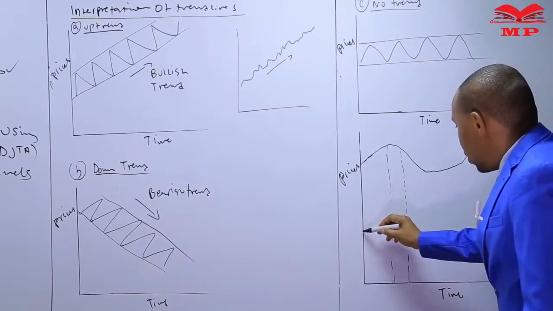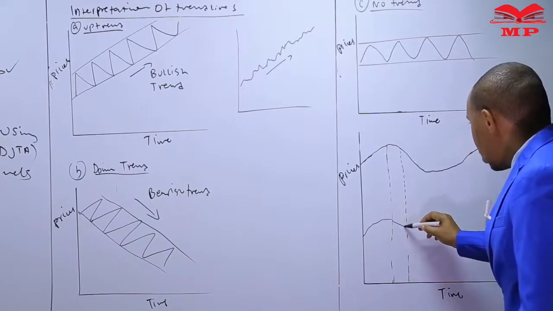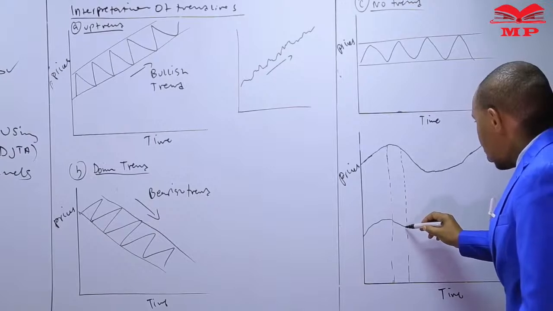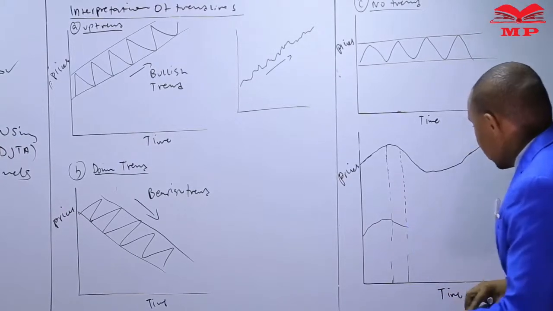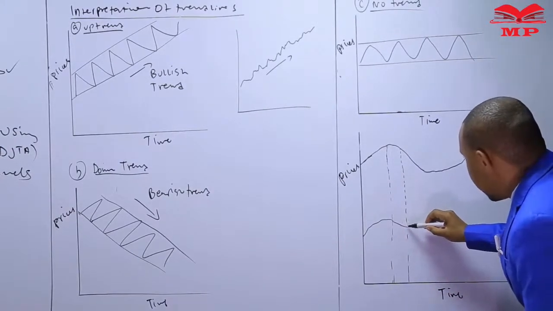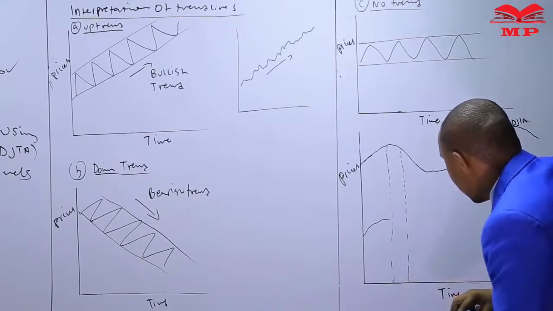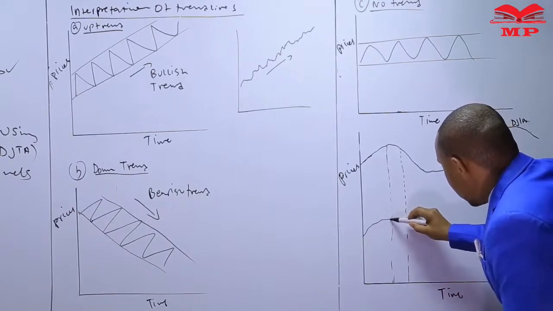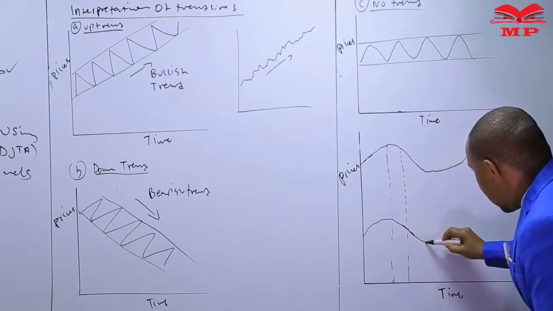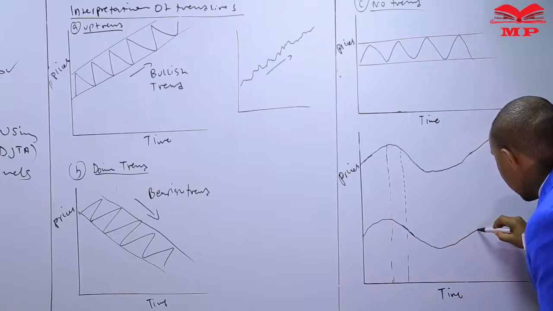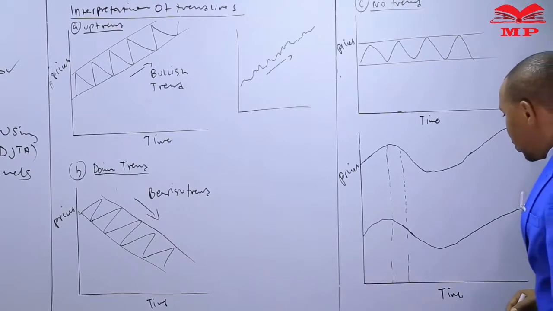So if we can just draw the Dow Jones Transportation Average right here, like so. So this should be somewhat like, should have been actually at the bottom part, yes, like that. Like that before, now it rises again like that. So they almost follow each other in the same fashion here.